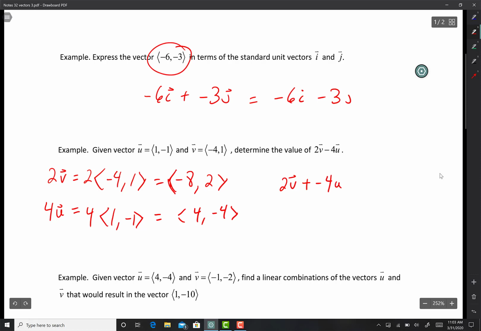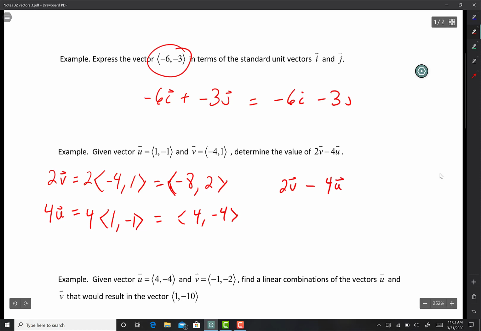Or in this case, I don't really have to say plus and negative. But when you're doing graphing, and you'll see in a little bit what I mean, because I'm going to show you how it's going to look on Delta Math, you always want to do plus and negative. So 2v is just this guy, negative 8 comma 2, and then minus, and then 4v. Oh, I messed up, huh?